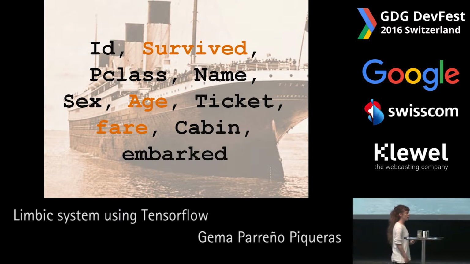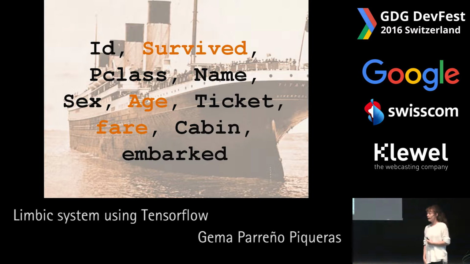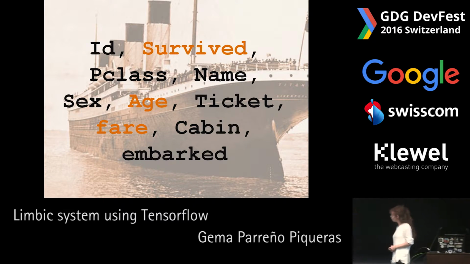Why? Because when the Titanic sank, people would say, okay, let's save first the children and women or men, and after they were looking at the fare, or the amount of money that the passengers were paying for the Titanic embarkation.